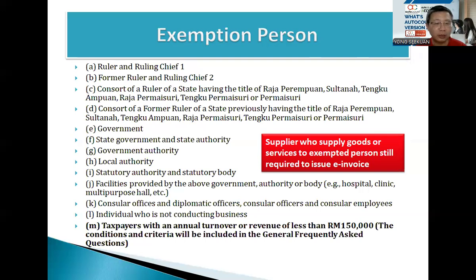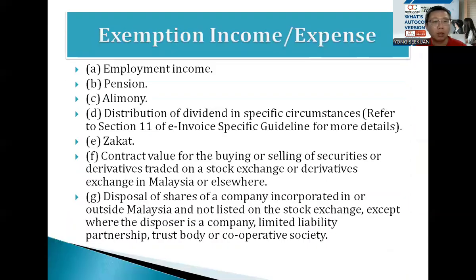Then later on we go to see what kind of these two scenarios. Exempted income and expenses are normally what we know as employment income, like some pension and some others, the common ones.